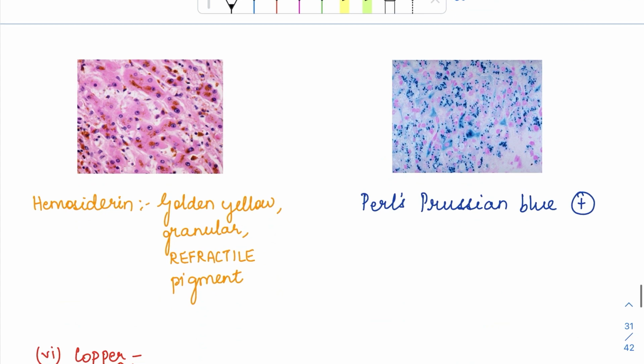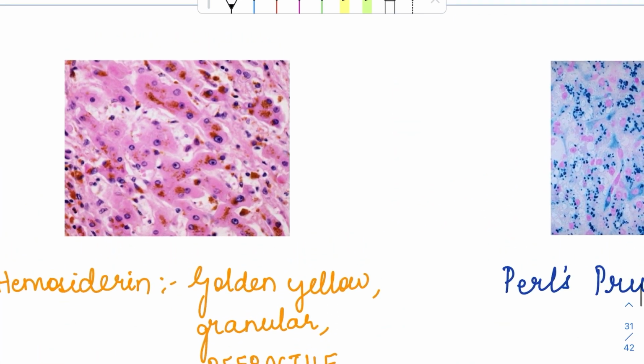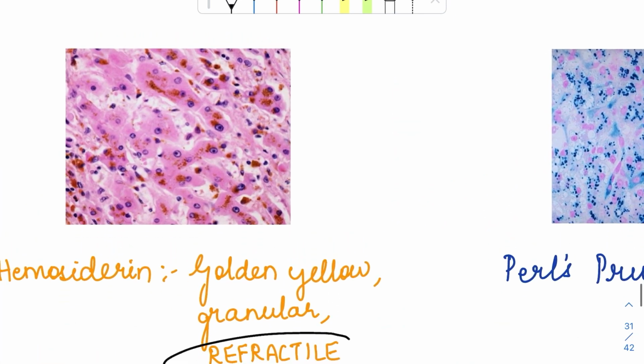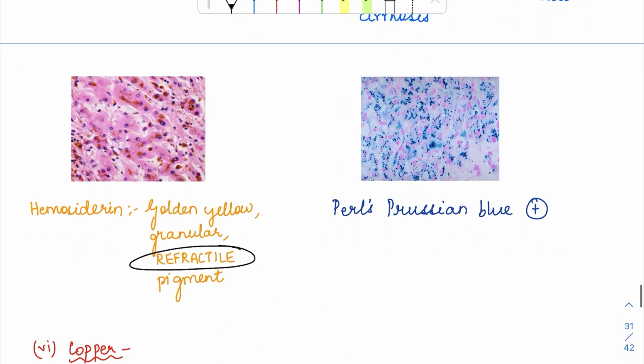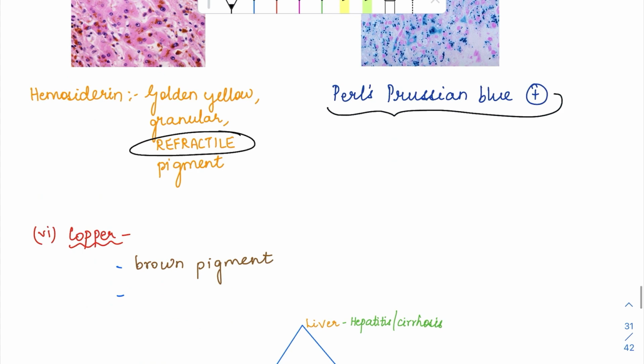In the liver, it is going to be a golden yellow pigment which is refractile. Refractile in the sense it will change planes. So hemosiderin is a golden yellow, finely granular, refractile pigment in the liver. Since it contains iron, it is going to be positive for Perls' Prussian blue. Wherever iron is present, you can always stain it with Perls' Prussian blue.